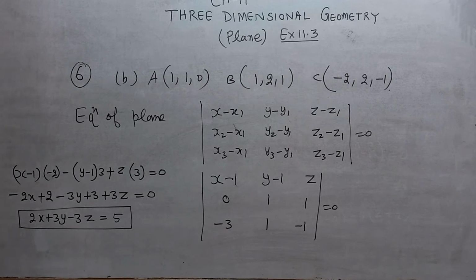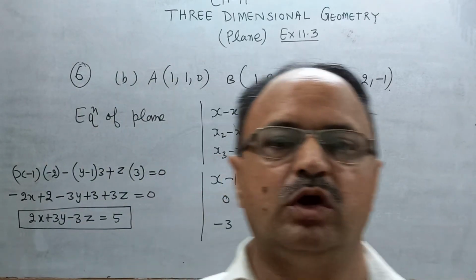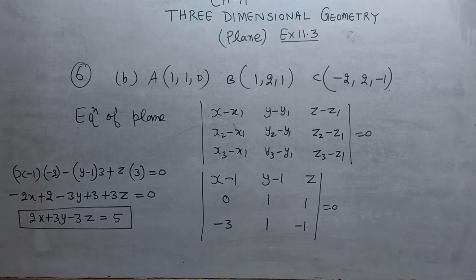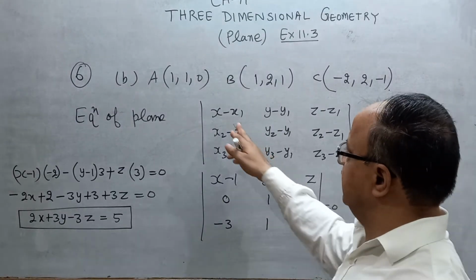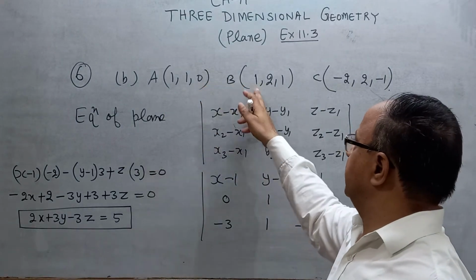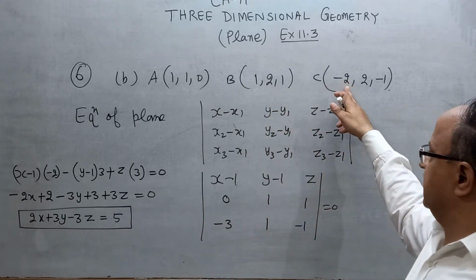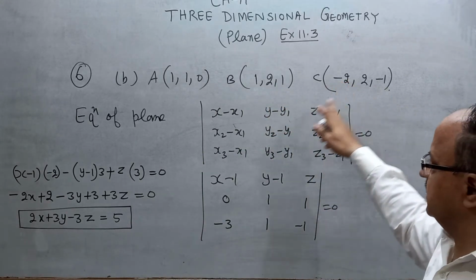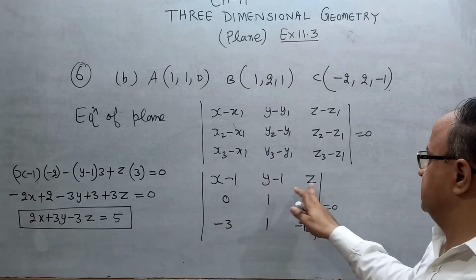This is the equation of the plane passing through three non-collinear points. Here, again, just put the values x1, y1, z1, x2, y2, z2, x3, y3, z3. Here you can write 1, 1, 0. Clear?